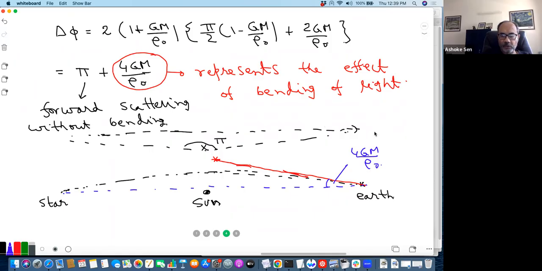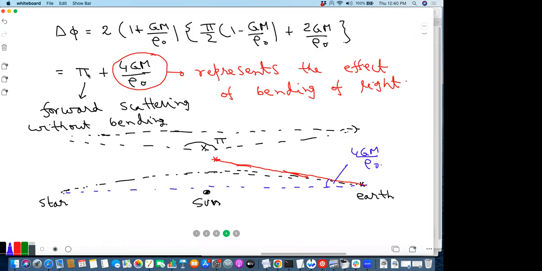So this angle in that case would be pi. Imagine that you are sitting here, and some object comes from infinity along one direction and goes off to infinity along the opposite direction. Then the azimuthal angle will change by pi. That is this factor of pi.